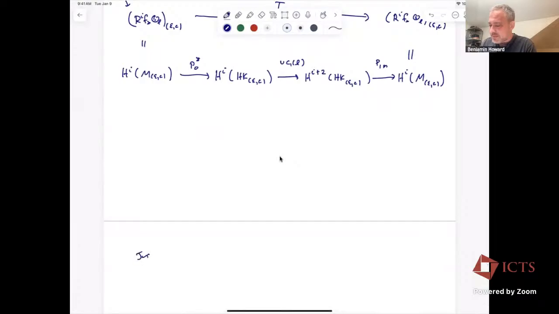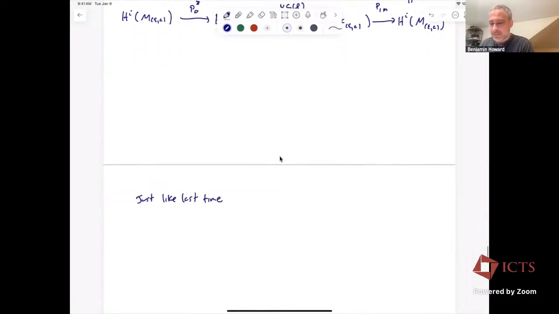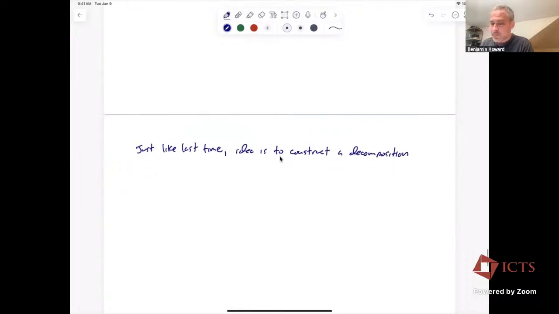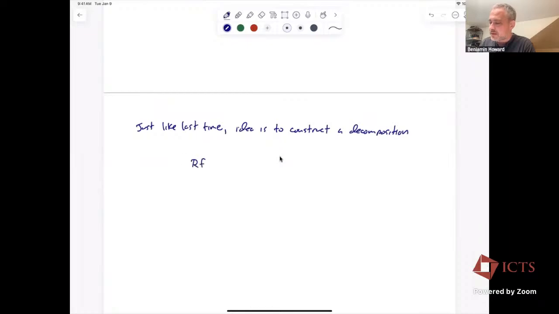So just like last time, the idea is to construct a decomposition of R F push forward Q_l as a direct sum of things.